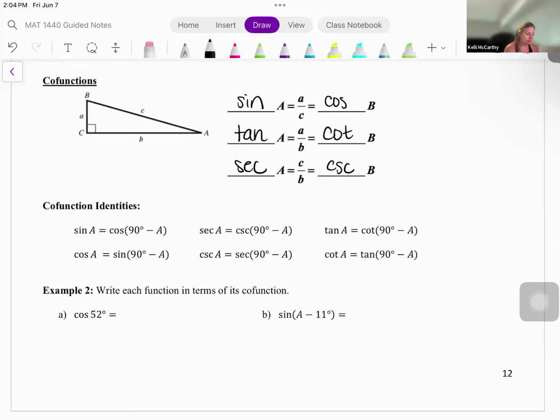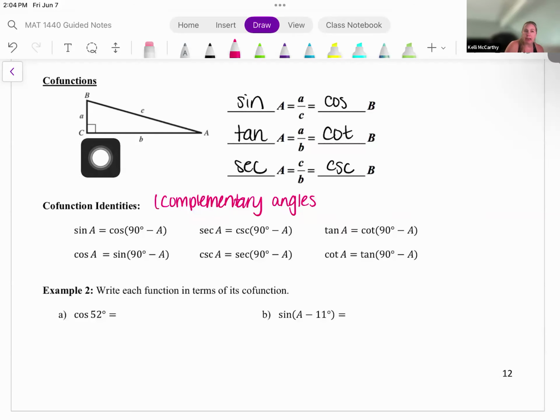Cofunction identities. These are dealing with our complementary angles. In a right triangle, if we reserve C for the right angle, A and B are always going to be complementary.